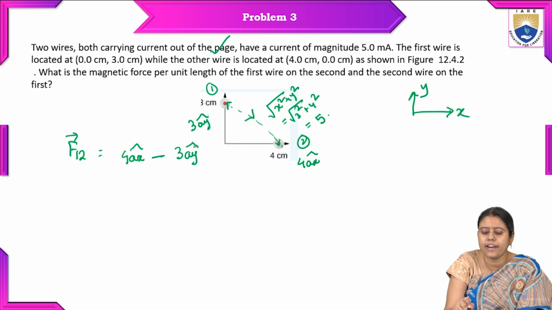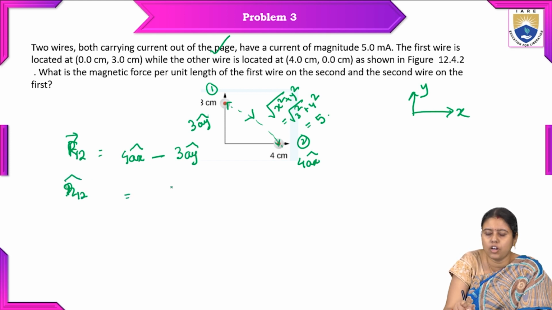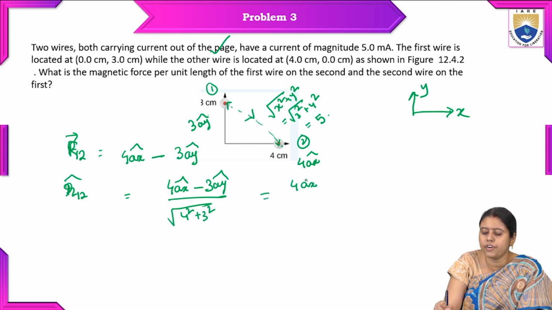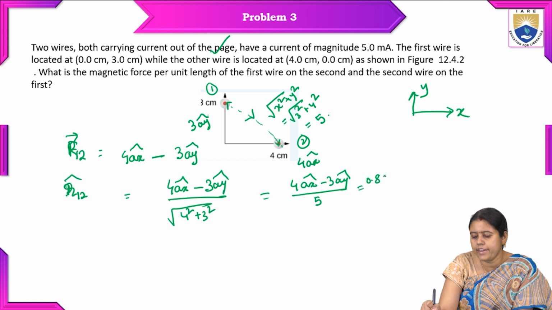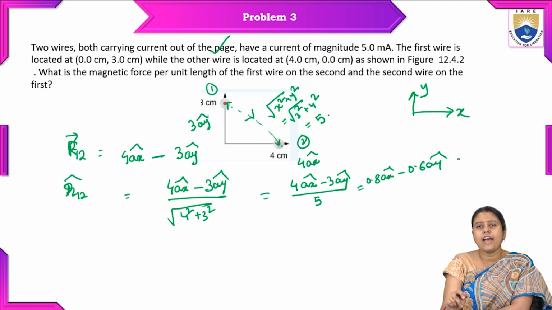So this is the direction. What is the unit vector of the force? The unit vector R12 is equal to 4ax minus 3ay divided by the root of 4 square plus 3 square, which is 5. So we got 4ax minus 3ay divided by 5, so it is 0.8ax minus 0.6ay. We got the direction.